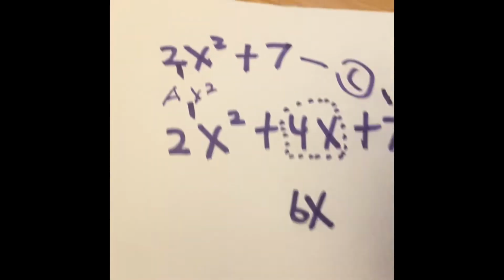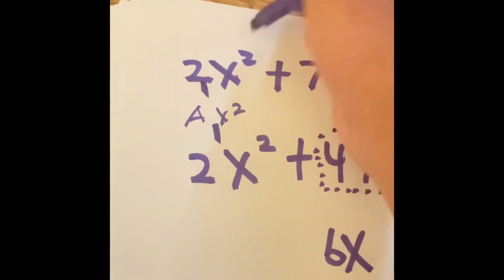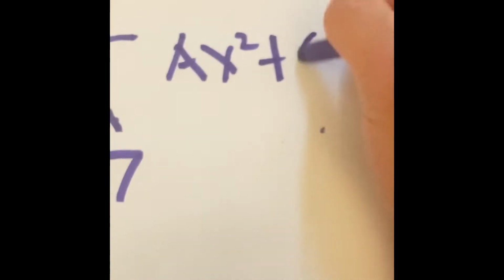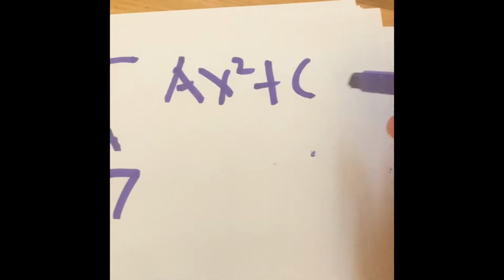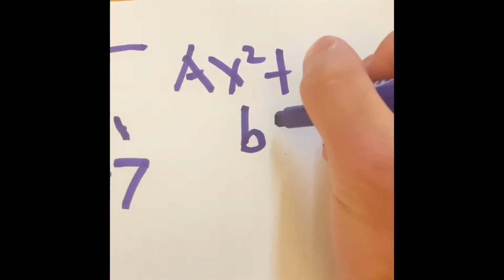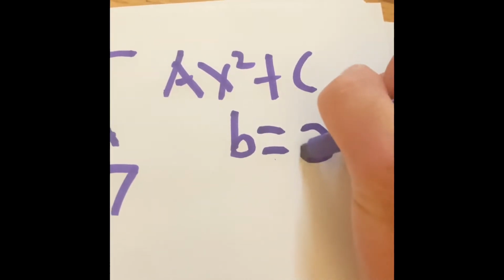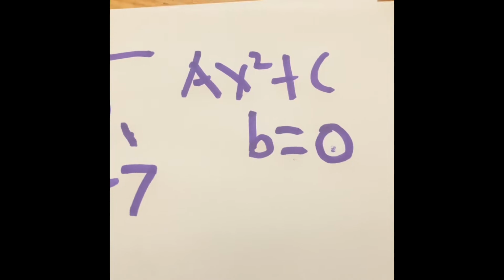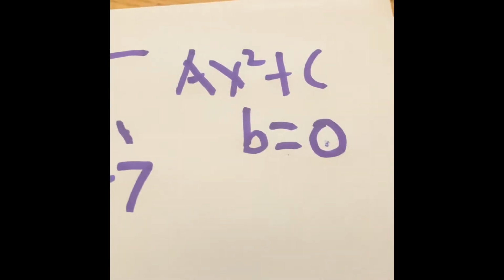Because when you do 2x squared plus 7, we have been taking a look at ax squared plus c, and that only happens when b must equal 0. That's what we have been learning in the past, how to identify them and how to graph them.